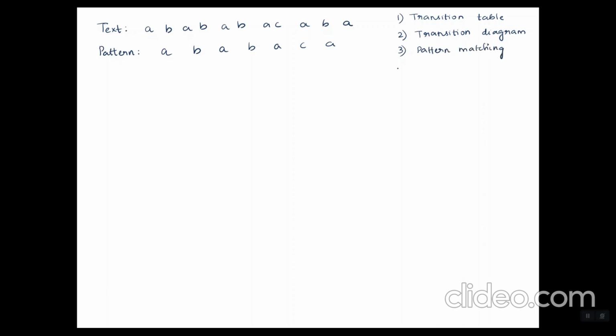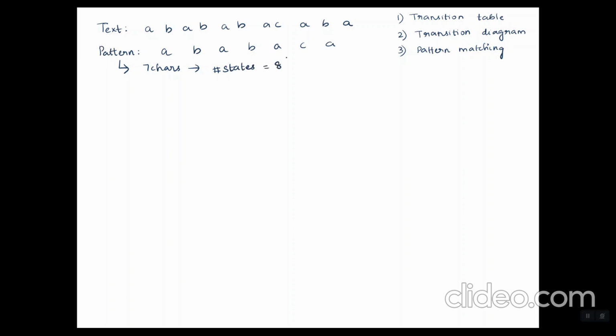First we are going to start with the transition table. The very first step for the transition table is to count the number of characters present in the pattern. So 1, 2, 3, 4, 5, 6 and 7. Since 7 characters are there, the total number of states is equal to 8.